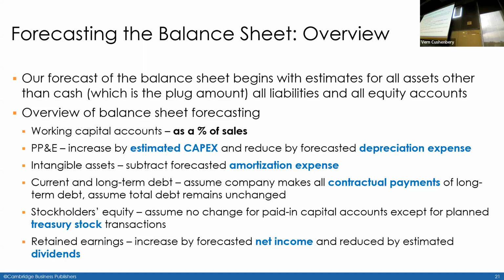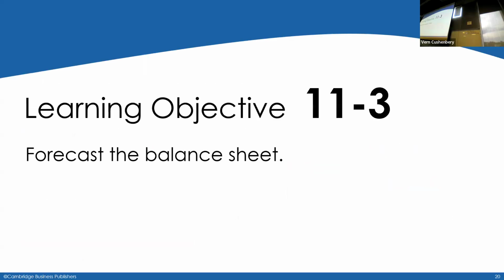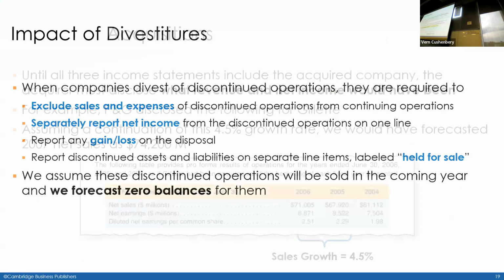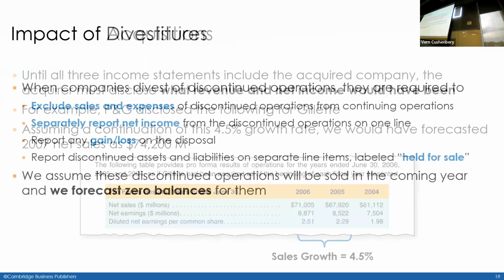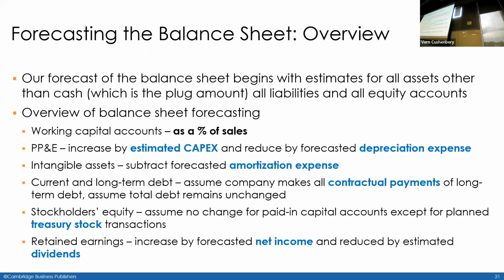If you're using straight line depreciation, those two should be pretty close. If you're using accelerated depreciation, you might have to make a little bit of an adjustment, a judgment call. So that's property, plant, equipment.